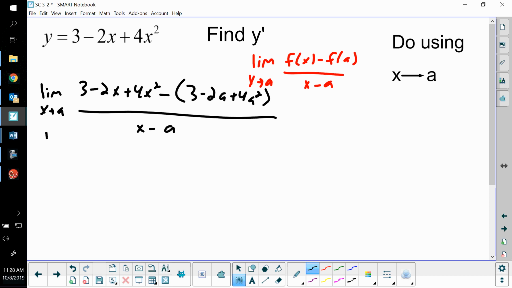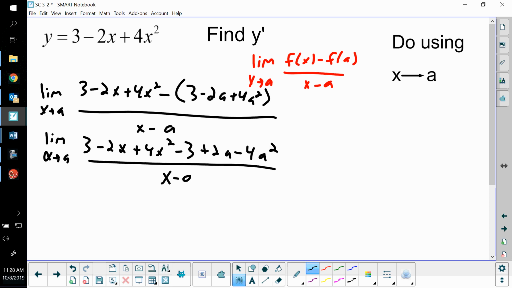We're going to distribute our negative. So that'll be 3 minus 2x plus 4x squared minus 3 plus 2a minus 4a squared all over x minus a. Notice the 3's add to 0.